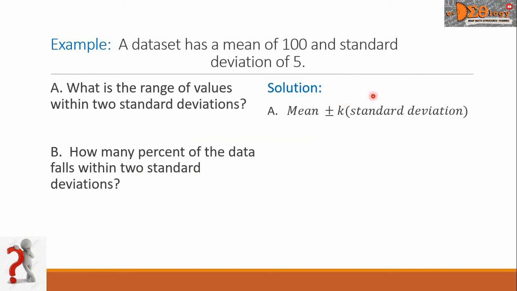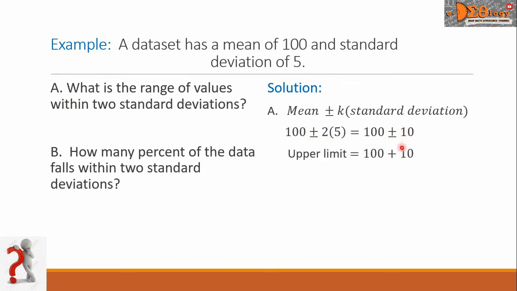Substituting the values to answer letter A, we have now the mean as 100 plus or minus the k is 2 as given in problem A, and our standard deviation is 5. So 2 times 5 is 10. So this is now equal to 100 plus or minus 10. So let us split the plus and minus.